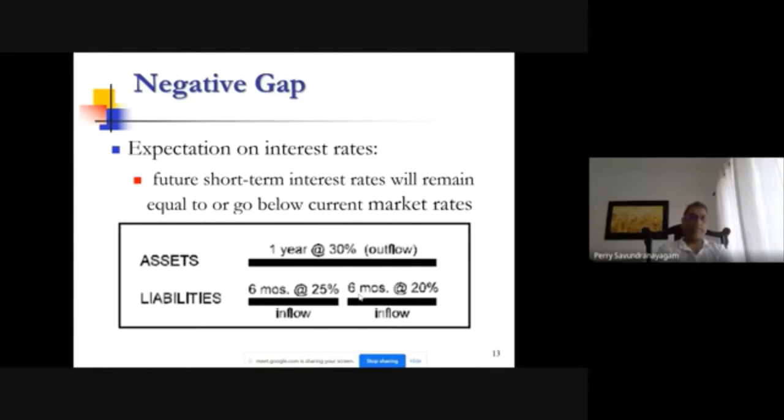Now, in 6 months' time, if that liability is no longer there, and the liability generating area says, look, we don't have deposits to give you, you have still made a commitment to the lending business at 29%, right?